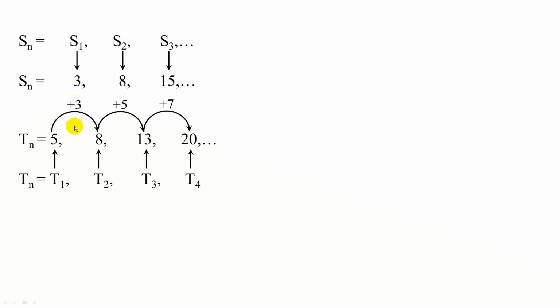You get 8 from 5 plus 3, right? And this can be represented using symbols: 8 is T2, 5 is T1, and 3 is S1, right?